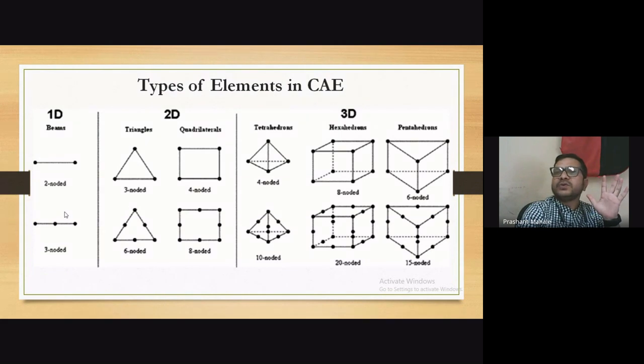We are going to see this 1D, 2D and 3D in detail. In 2D we have triangles and quadrilaterals. A triangle has 3 edges, and a quadrilateral has 4 edges. So 3 noded and 4 noded, can you see, this is first order, and this is second order. Here it is 6 noded, and here it is 8 noded. Whereas in 3D we have tetrahedrons, hexahedrons, and pentahedrons.